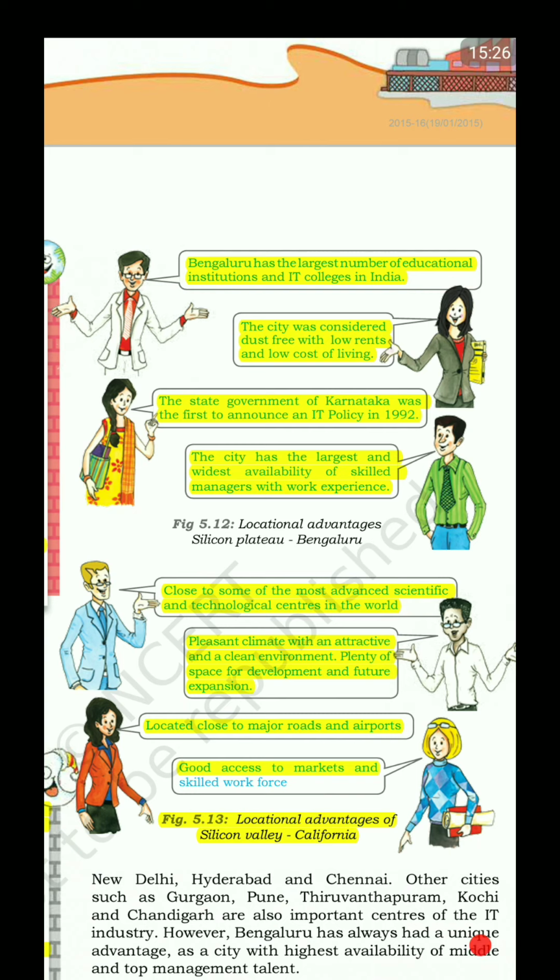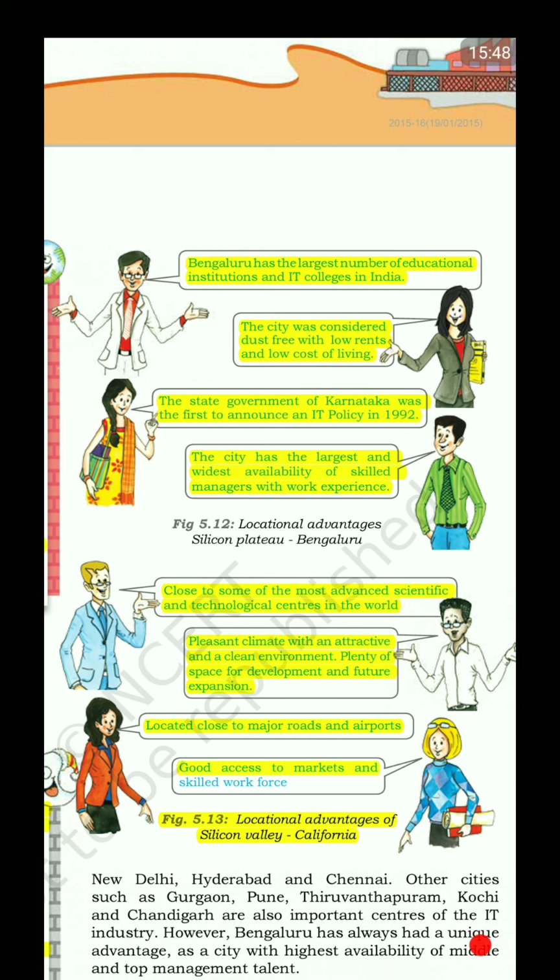Same goes for Silicon Valley, close to some of the most advanced scientific and technological centers in the world, pleasant climate with clean environment, plenty of space for development and future expansion, located close to major roads and airports, and good access to market and skilled workforce, right?